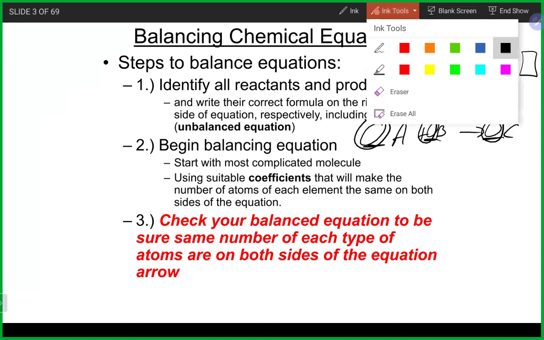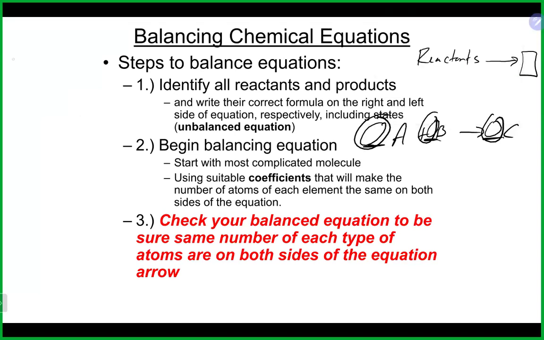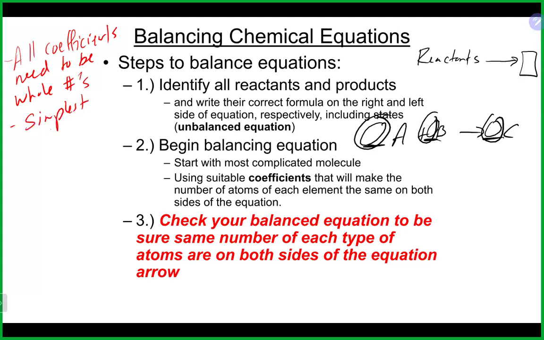When you're all said and done, all the coefficients need to be whole numbers. All the coefficients that you put in front need to be whole numbers. And they also need to be the simplest set of whole numbers.